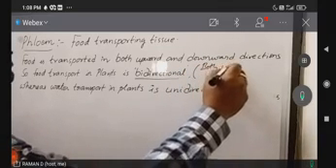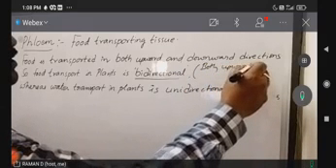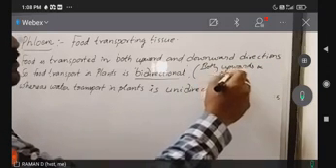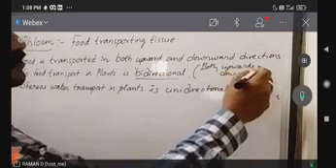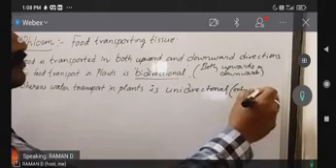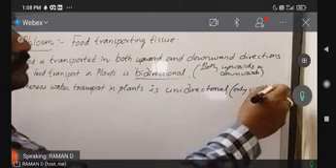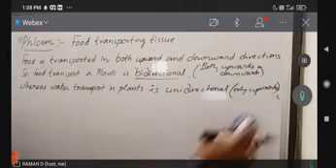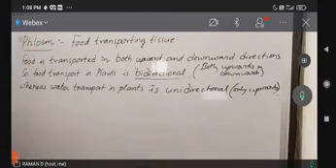Bidirectional means both upwards and downwards. Here only upwards. Right? So keep this in mind.